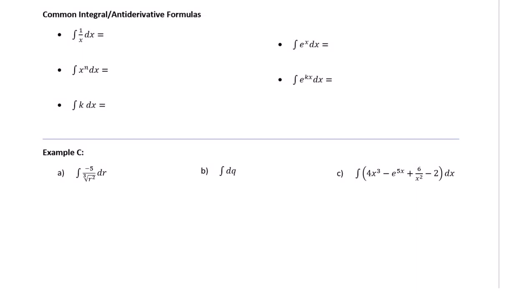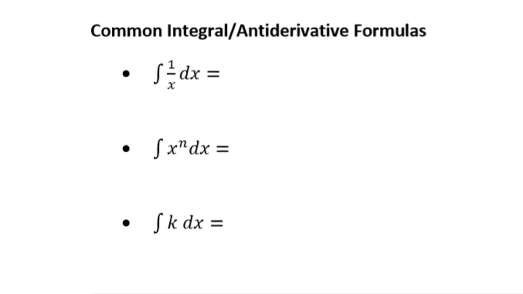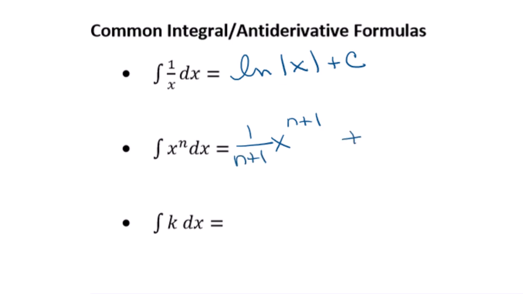So let's look at some of the more common integral or antiderivative formulas. We've already looked at the integral of 1 over x dx. We found that to be the natural log of the absolute value of x plus c. We also worked with the power functions, where to find the antiderivative, we added 1 to the exponent and then divided the coefficient by that new exponent, again, plus c.